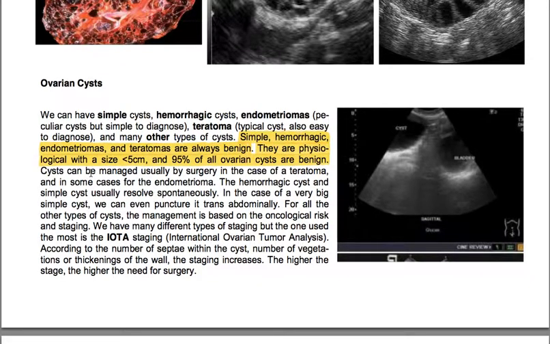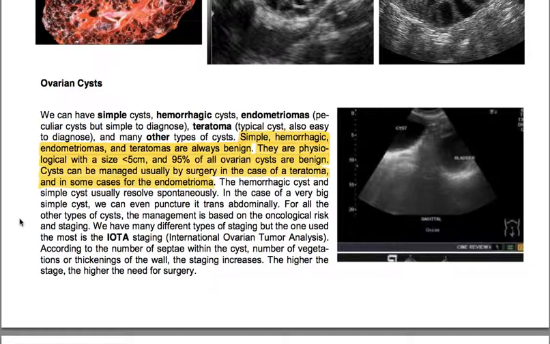These cysts can be managed usually by surgery in the case of a teratoma, and in some cases for the endometrioma. The hemorrhagic cyst and simple cyst usually resolve spontaneously. In the case of a very big simple cyst, we can even puncture it transabdominally. For all the other types of cysts, management is based on the oncological risk and staging.